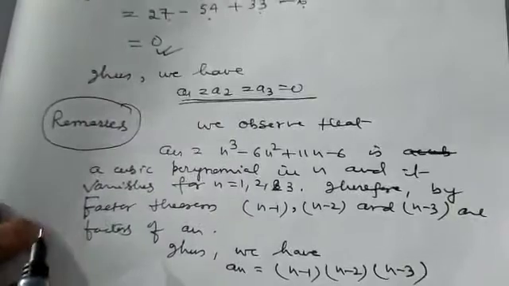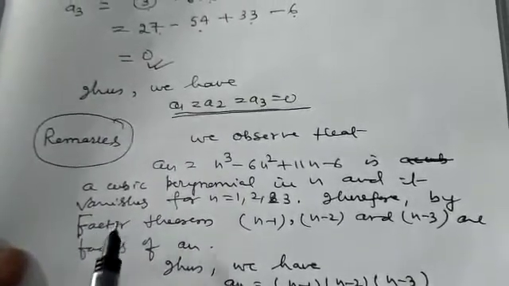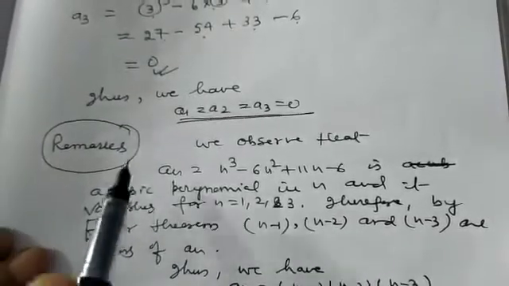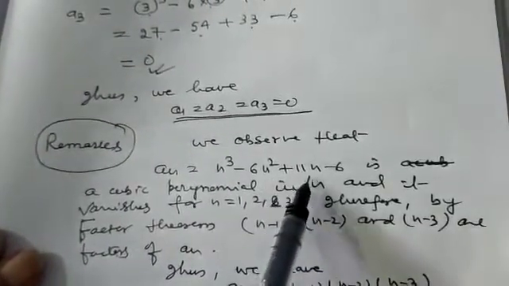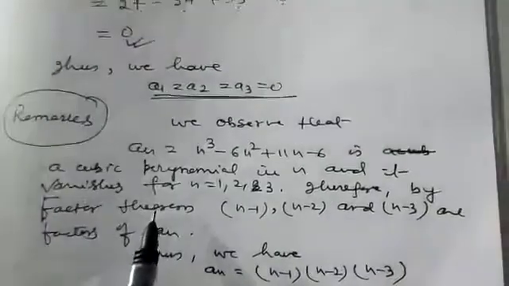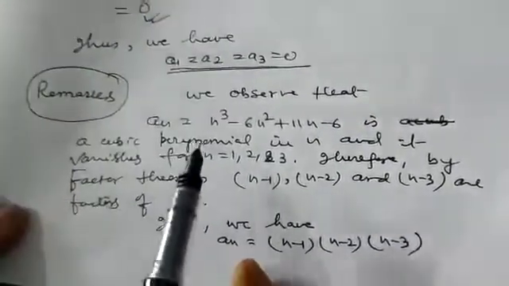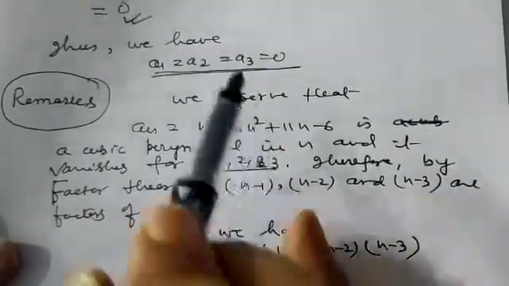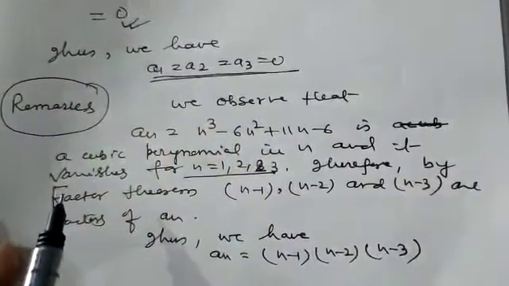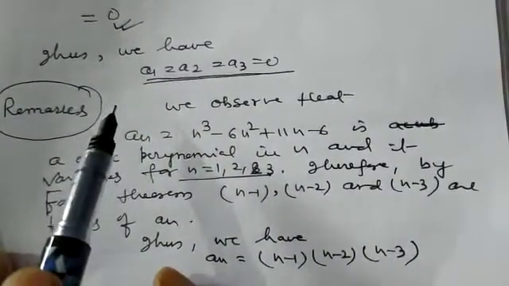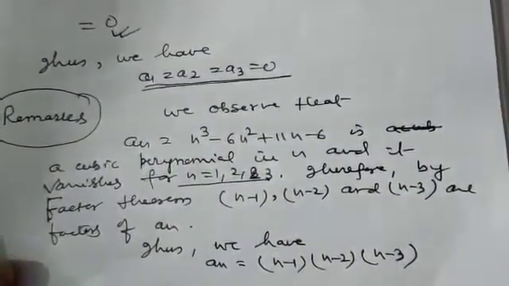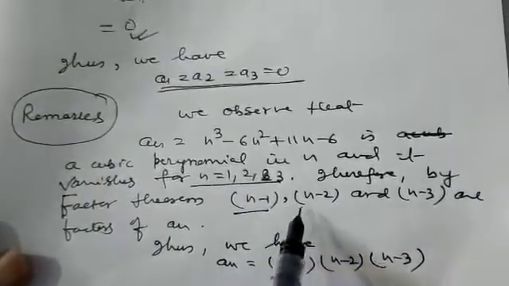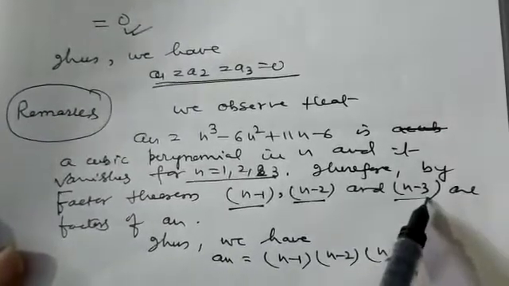This first part is also based on a concept. Here an equal to n cube minus 6n square plus 11n minus 6 is a cubic polynomial in n, and it vanishes for n equal to 1, 2 and 3. Therefore, by the factor theorem, we have factors n minus 1, n minus 2, n minus 3.